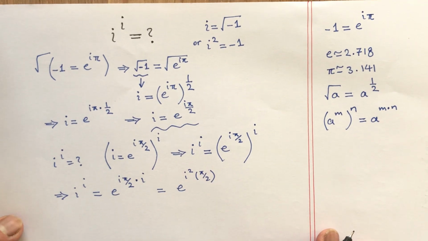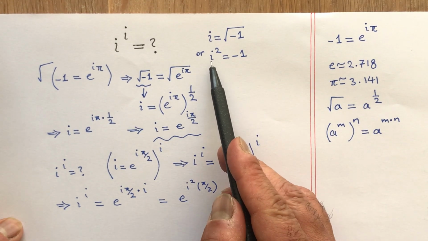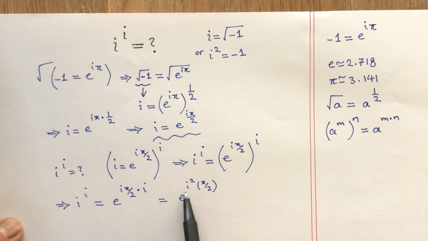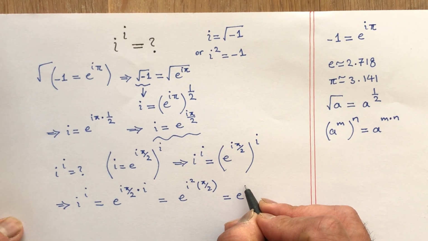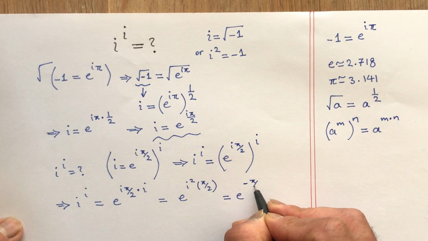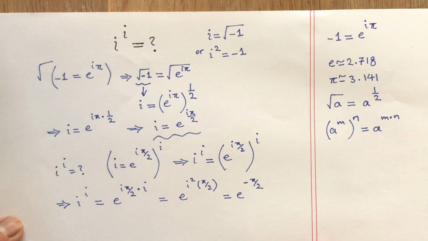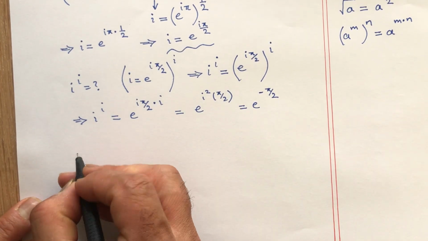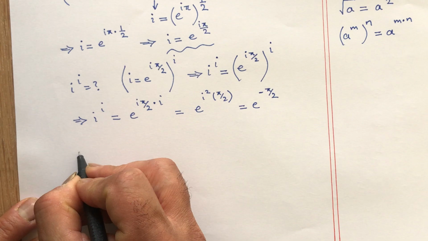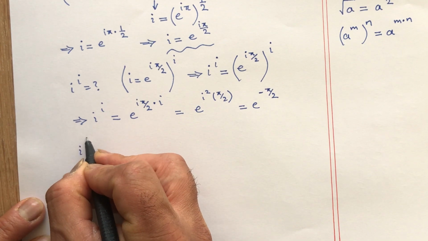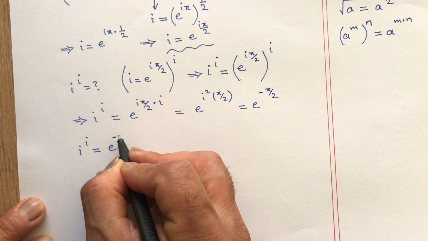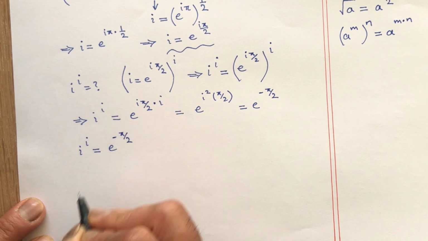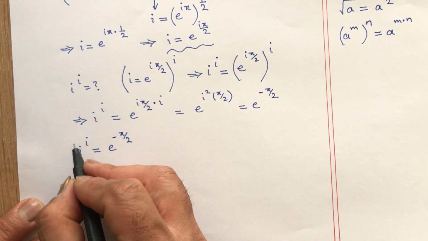But we know from the definition that i squared is minus 1, so we can rewrite it as e to the power of minus pi over 2. So we eventually find i to the power of i is e to the minus pi over 2.